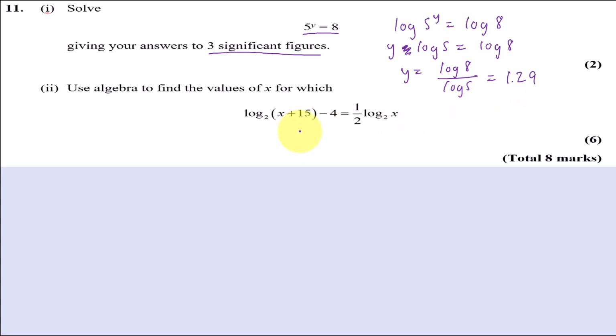Right, we should be excellent at this now. Use algebra to find the values for x. Big 6 marks. What can we do here? We want x on its own, so we should probably bring the 4 over and bring the log across. So, division law.